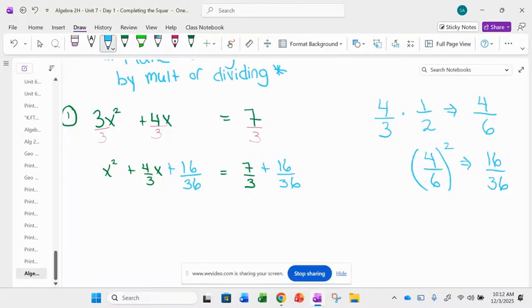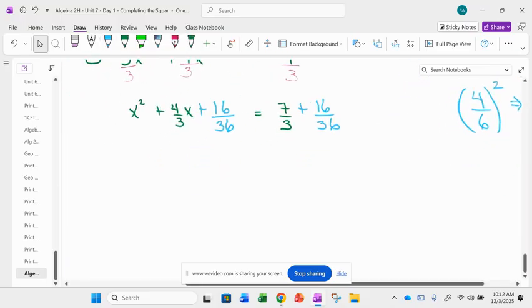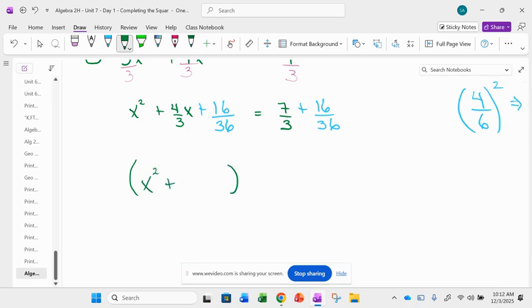This helps me do the factoring easier. That's why. But it would still work. So now I'm going to factor this. X squared plus, and now I'm just going to take the square root of the 16 over 36. If I take the square root of 16 over 36, what do I get? 4/6.